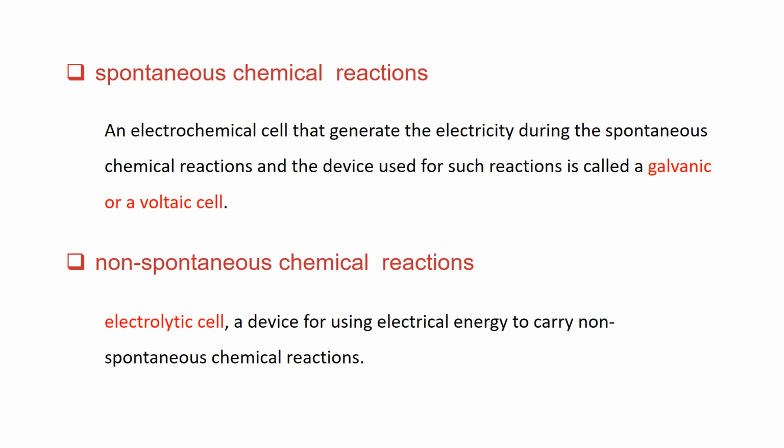For example, the spontaneous reactions are demonstrated through the galvanic cell or voltaic cell, and in these galvanic cells a potential is created through the chemical reaction. That is, electricity is generated, and through that electricity the potential is developed between the two electrodes. And for the non-spontaneous reaction, there is a device called the electrolytic cell, which supplies the electricity to perform the non-spontaneous reaction.